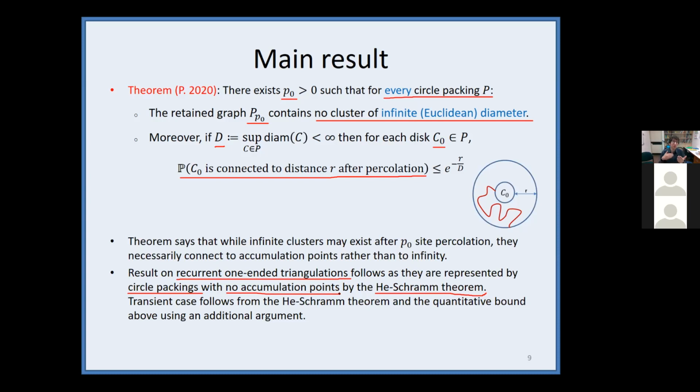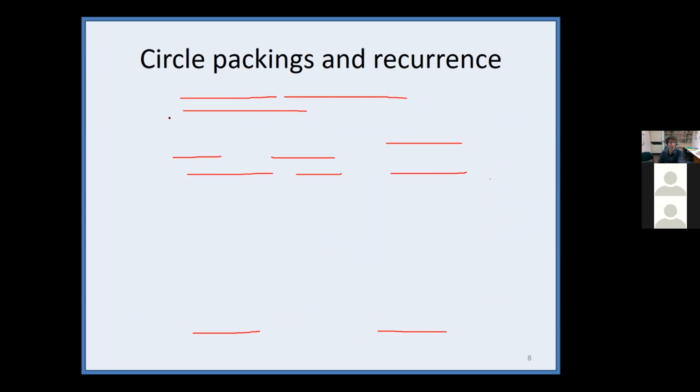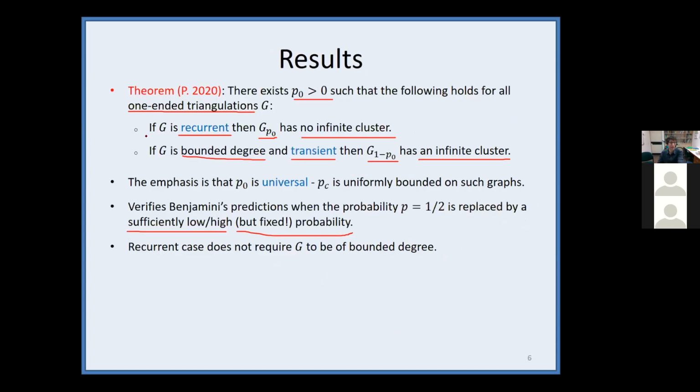So any infinite connected component must go to infinity because there are no accumulation points. So in fact, the first clause of this theorem shows that there is no infinite connected component. And that means that also on the original graph, before you circle packed it, there was no infinite connected component at parameter p naught. So the result that is stated here, combined with the Benjamini-Schramm theorem, proves the first clause of the result that was stated over here.